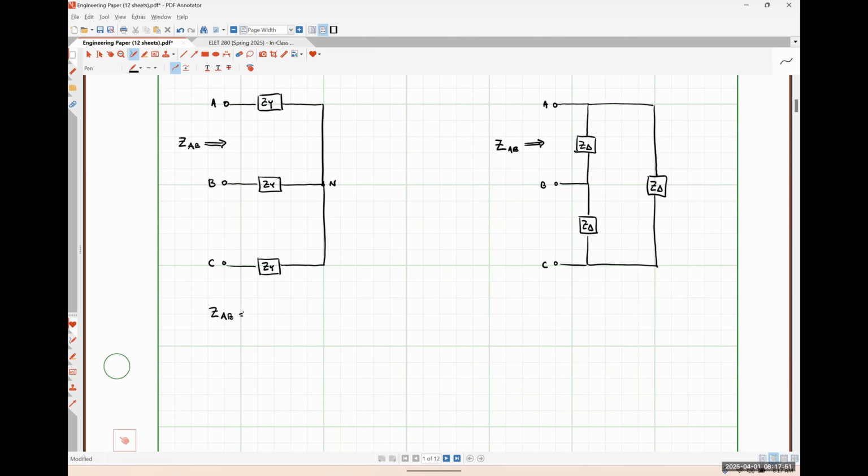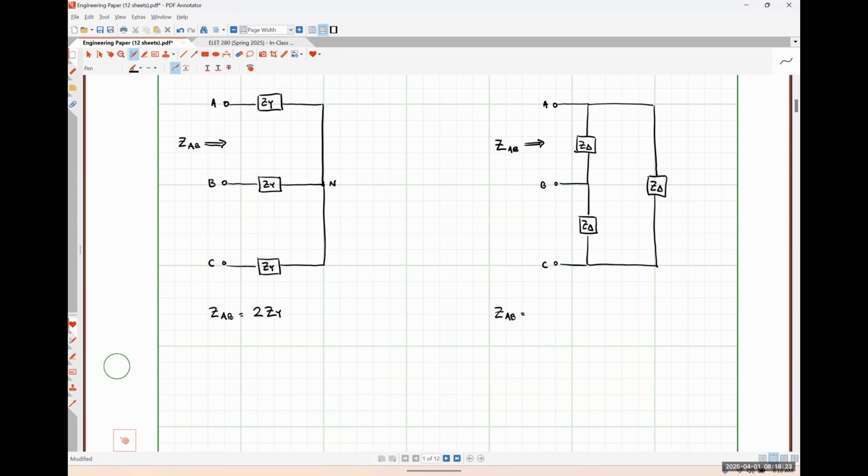So it looks to me like I see 2ZY. On the right-hand side, what do I see? Well, I think I see a Z delta in parallel with two Z deltas in series. Does anybody else see that?